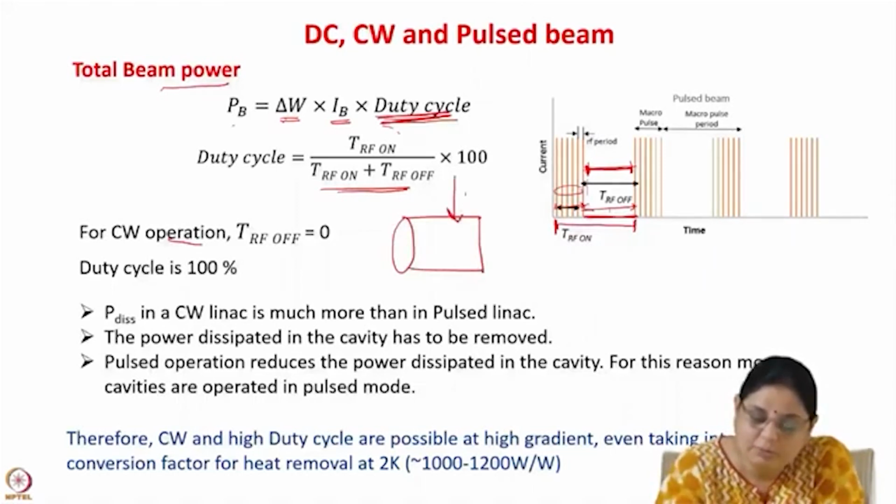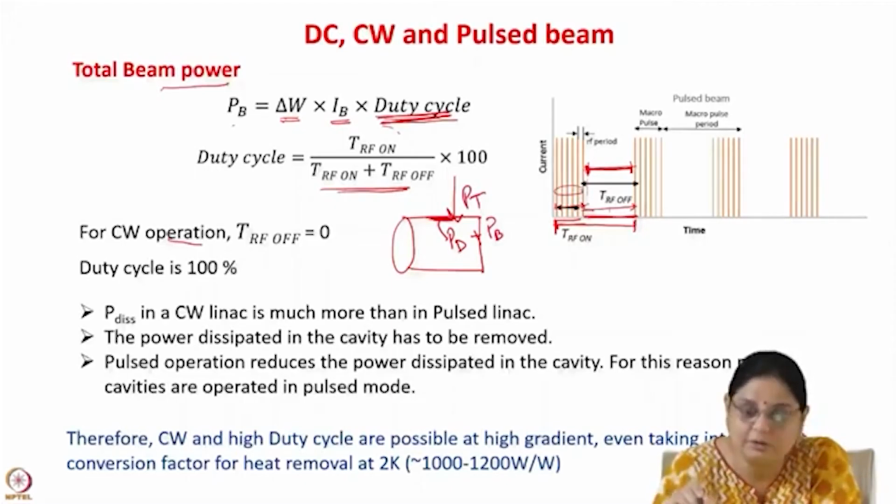The total power that you are feeding in is the power dissipated plus the beam power. If this power is coming only in certain intervals, it will be dissipated in the cavity only during those intervals. So the average power dissipated in the cavity is reduced.